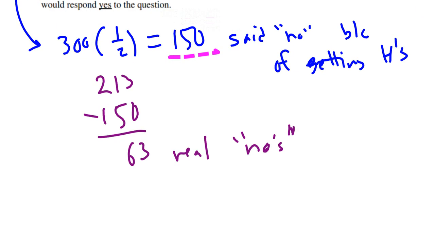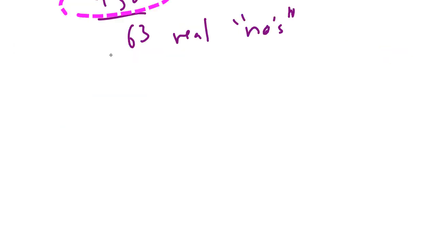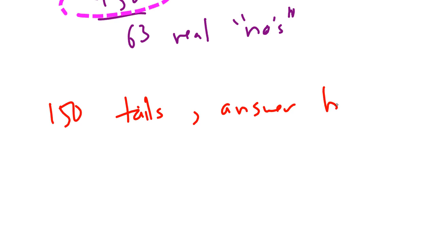So you have to remember 150 of them said no because they got heads on the coin. So you'd expect about 150 kids to get tails, which means that they would answer honestly. And if they were answering honestly, 63 of them were real no's.